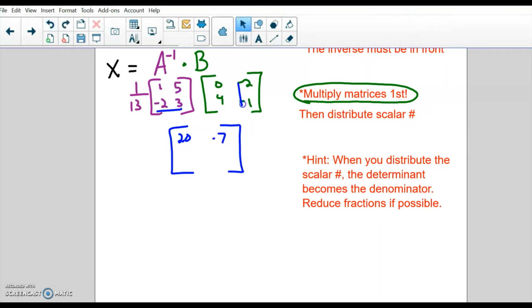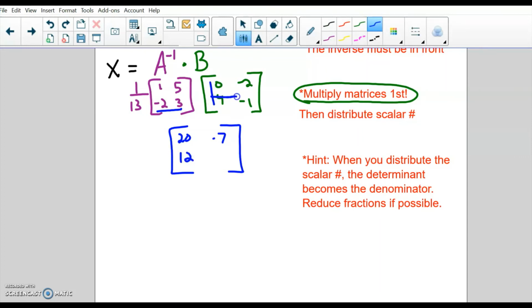This comes down, this comes back over. So negative 2 times 0, 3 times 4 is 12. And then negative 2 times negative 2 and 3 times negative 1 is 4 minus 3, which is 1. So that's the multiplication of the two matrices.